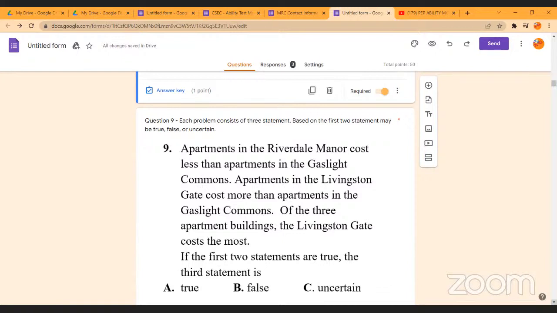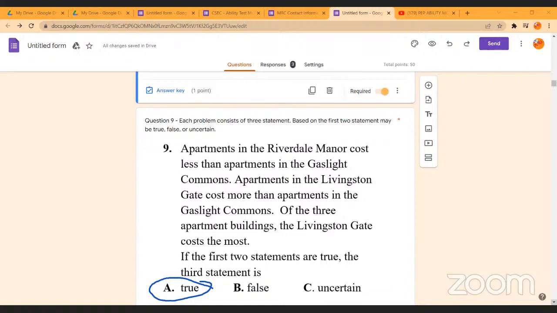Read the options. A. True. All right, so you say the answer is A. So let's look at the answer now. Apartments in Riverdale Manor cost less than apartments in the Gaslight Commons.